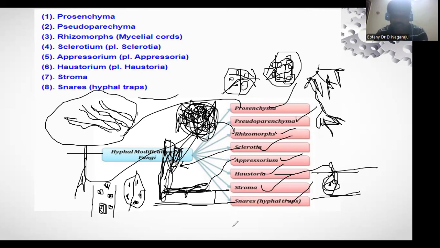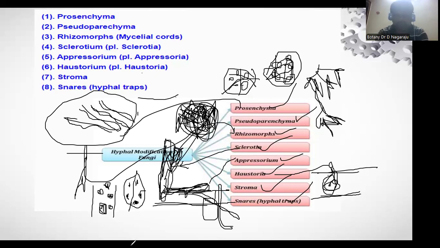And snares, that means hyphae upon any other host to absorb the nutrition and even to kill the host. You know the necrotrophic fungi. Fungi which grow on either insects or other plants and kill the host are necrotrophic.